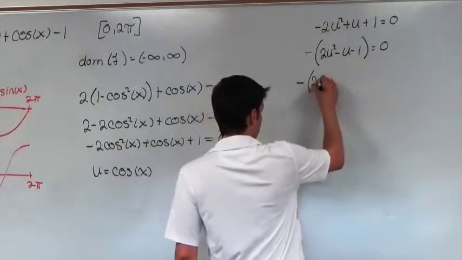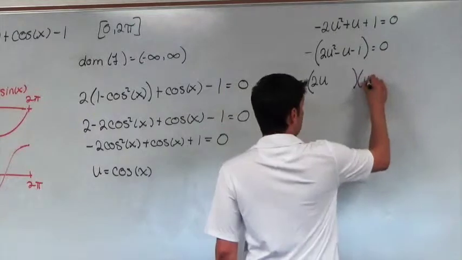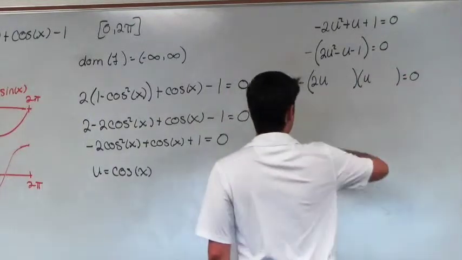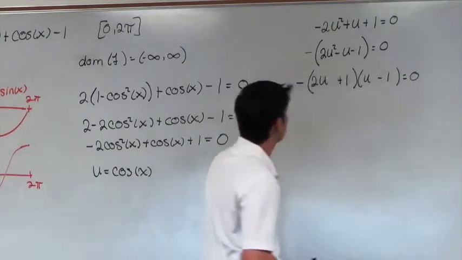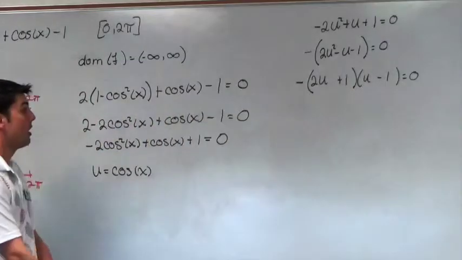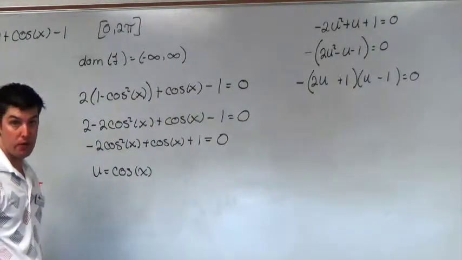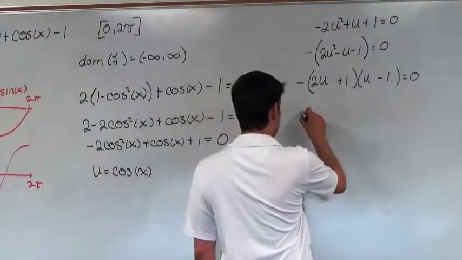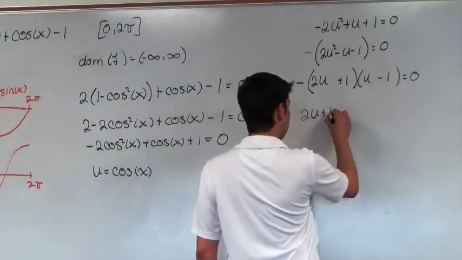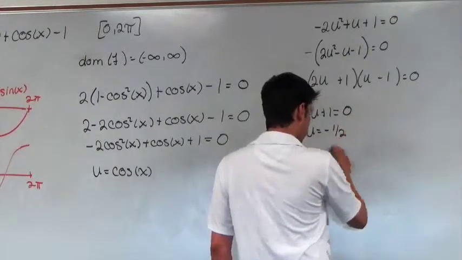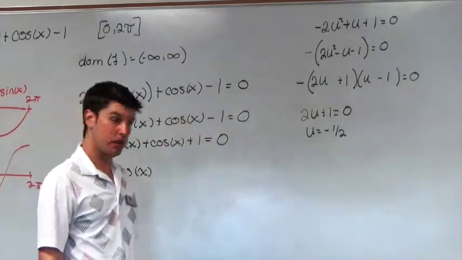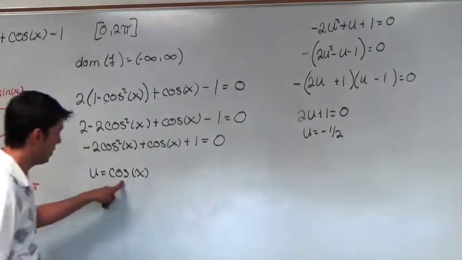Factor the quadratic. All right. Set each factor to 0. u would be negative 1/2. u is the same as cosine.